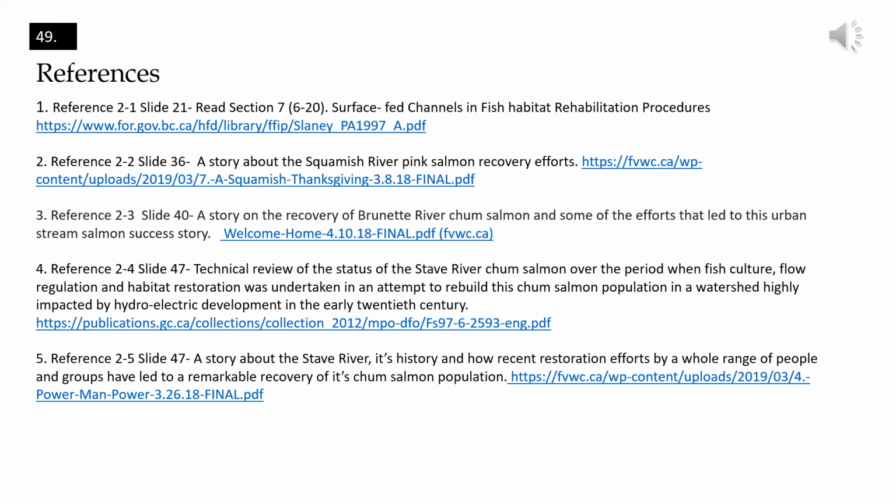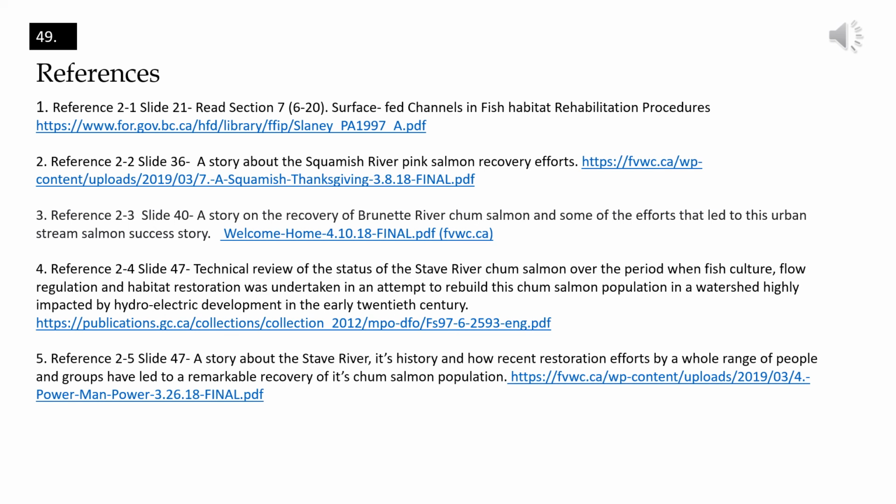Reference 4 is a technical review of the status of the Stave River chum salmon over the period when fish culture, flow regulation, and habitat restoration were undertaken in an attempt to rebuild this chum salmon population in a watershed highly impacted by hydroelectric development in the early 20th century.